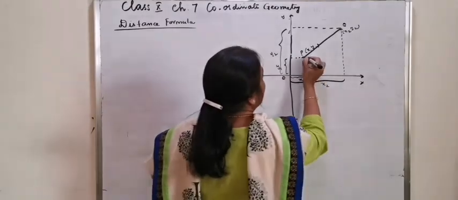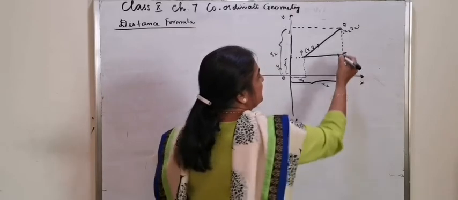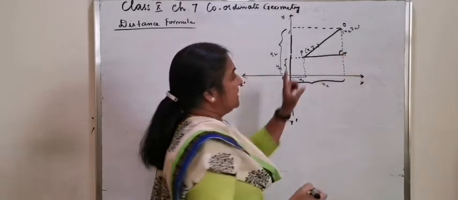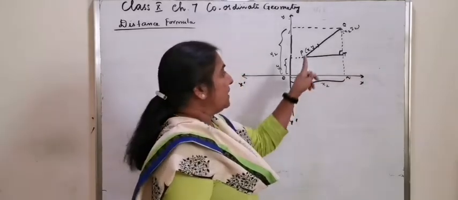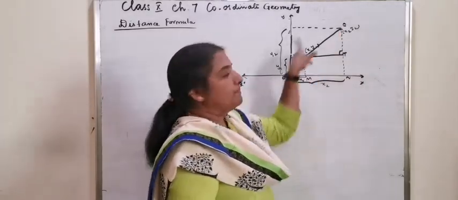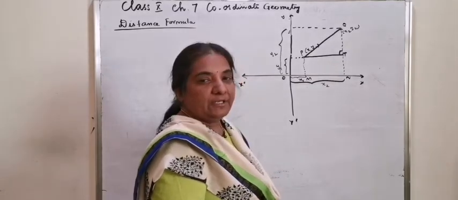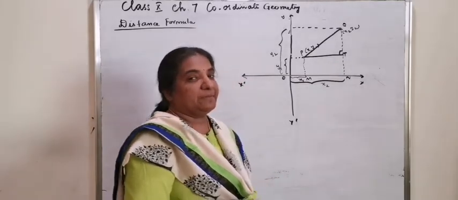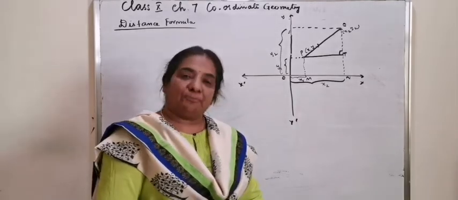If you draw a perpendicular from P and call it PT, perpendicular to QN, you can form a right triangle PTQ. If you apply the Pythagoras theorem, you will get the value of PQ.